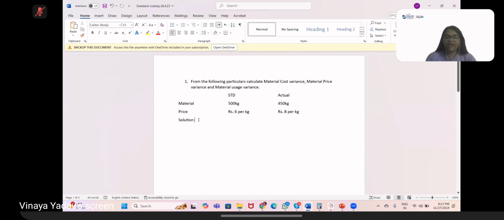So firstly, we'll write down all the formulas so that our solving becomes easier. So the first formula that we are going to write is material cost variance.